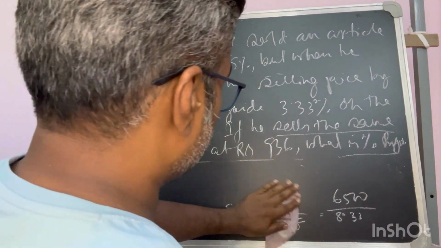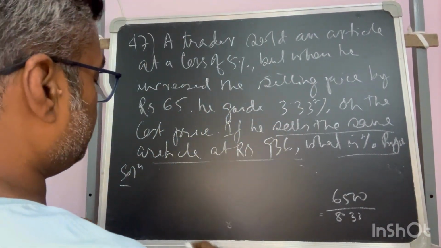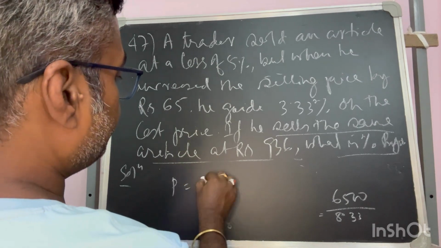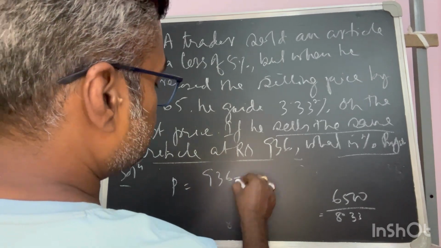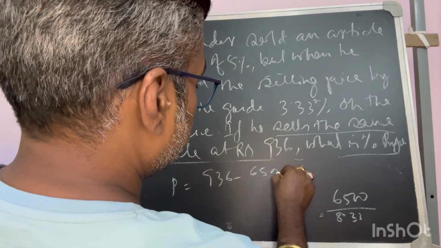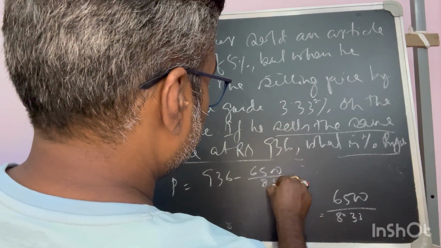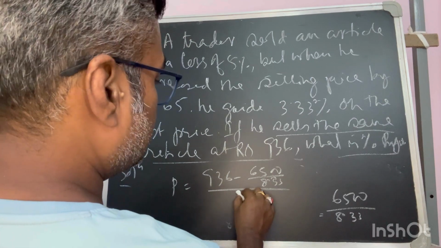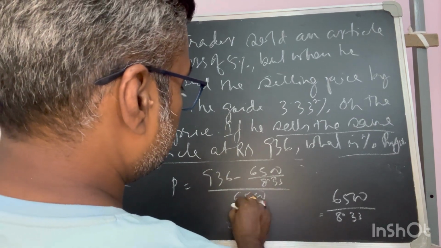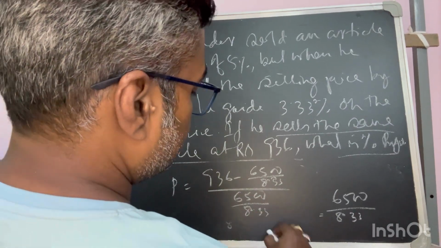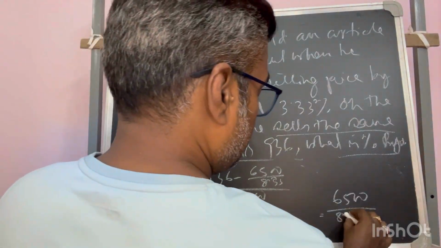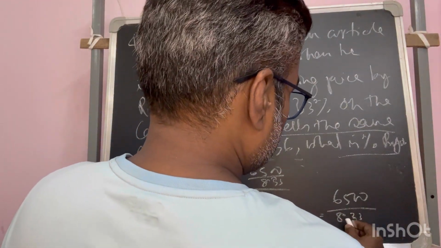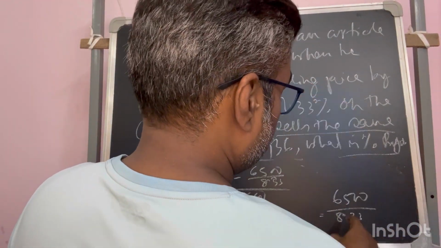Now if it is the cost price, then in the second case this is the selling price. So profit will be the selling price minus the cost price, upon the cost price. Let it be solved.